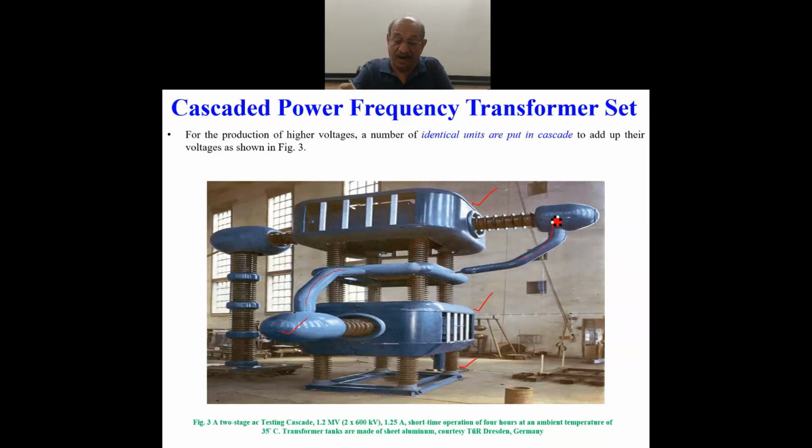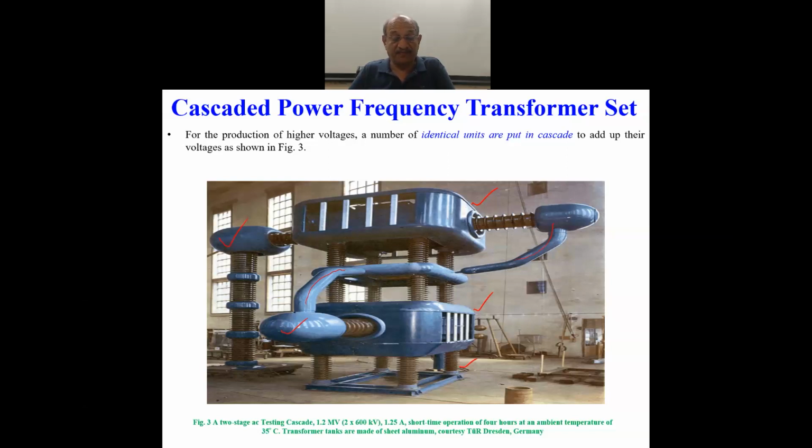This is the primary voltage going to the second unit, and the output of the second unit is here, on your left. That is the output voltage of the cascade test set.